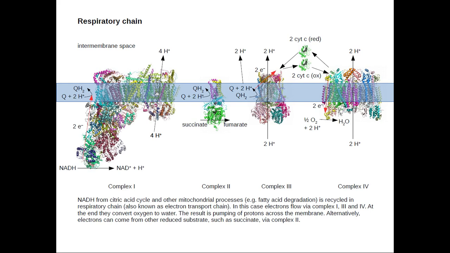And very important is that during this process many protons are either released from chemical reactions, or more importantly, the energy released by this reaction is used to pump these protons across the membrane, which forms a concentration gradient on the membrane, and this concentration gradient is then used as a driving force for production of ATP.